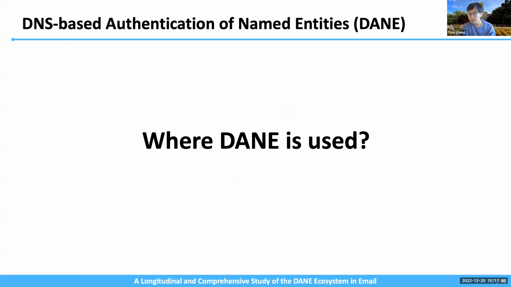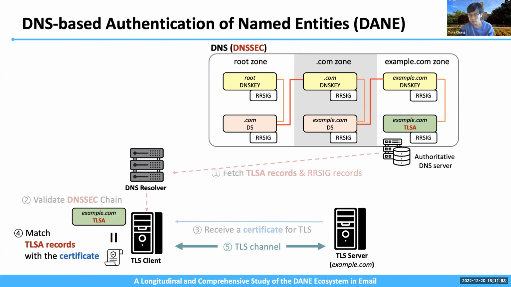So as you can imagine, DANE can be used in numerous application protocols, such as HTTPS or other protocols as well, right? Because it is a protocol that helps two entities create a TLS session without relying on CAs.